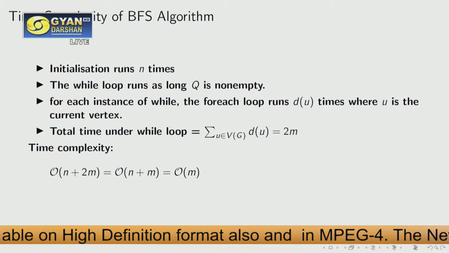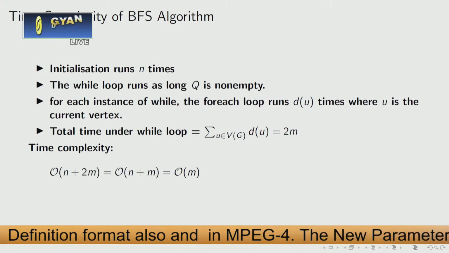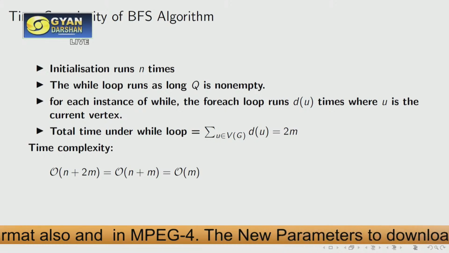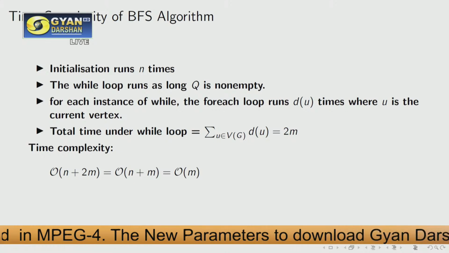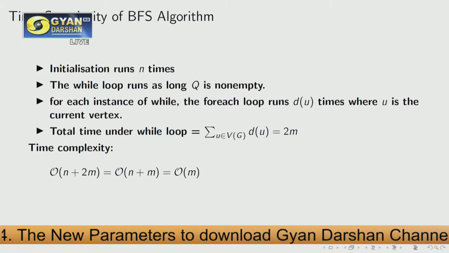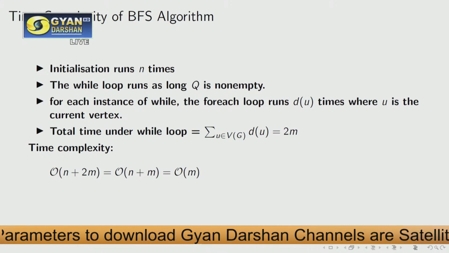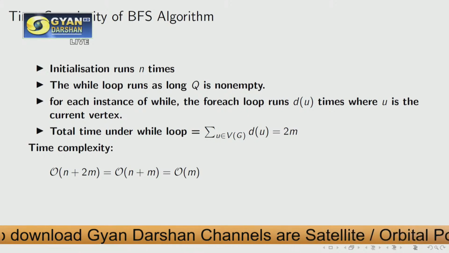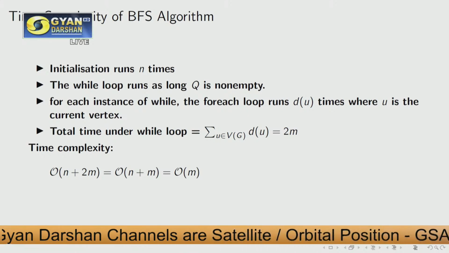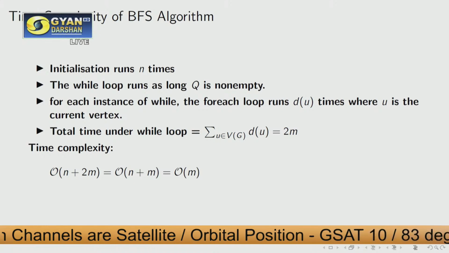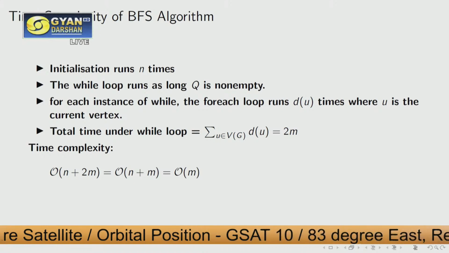The time complexity could be of order of say n squared, n cubed, or just some power of both n and m. So this is one of the fastest algorithms, and that's why this algorithm is quite frequently used.